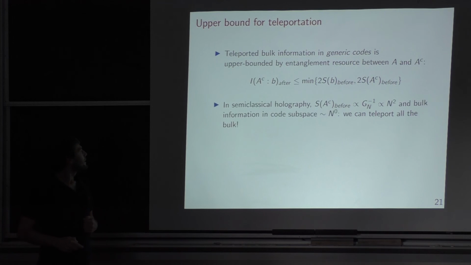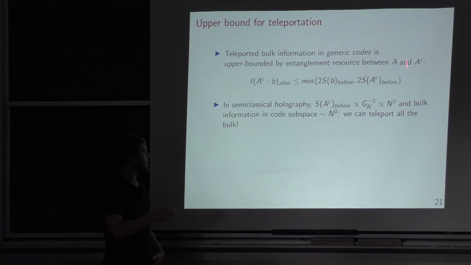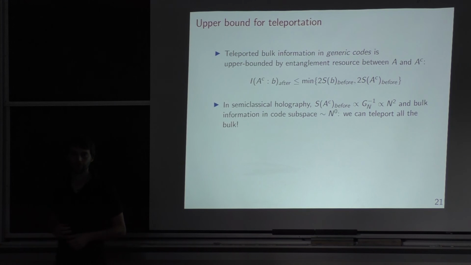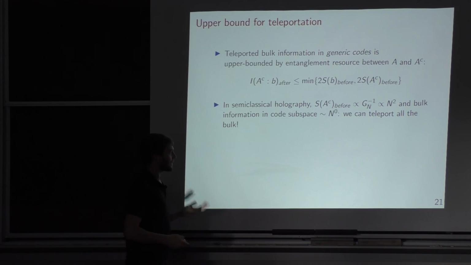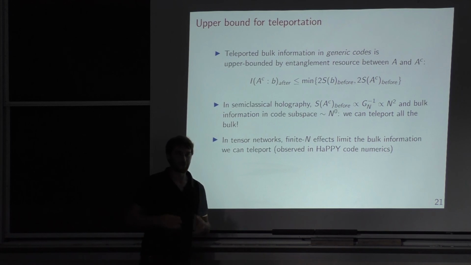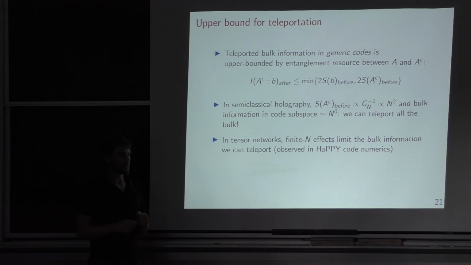Now, in semi-Gaussian holography, this is what I was talking about before, this S_AC is just scaling as n squared, but you only have a finite, like an n to the 0, number of bulk degrees of freedom to teleport, and so you can always teleport as much as you want. Clearly, this is not true in tensor networks because you don't have a parametrically larger number of boundary legs with respect to the bulk legs.